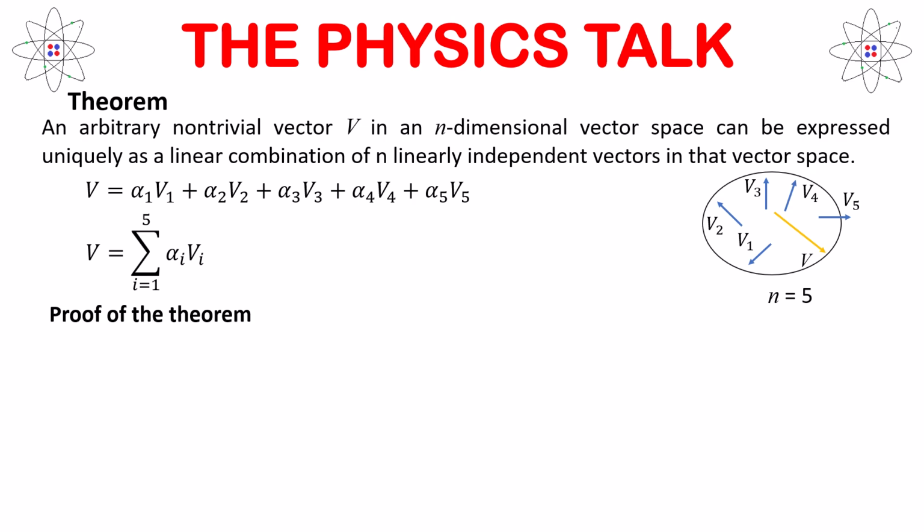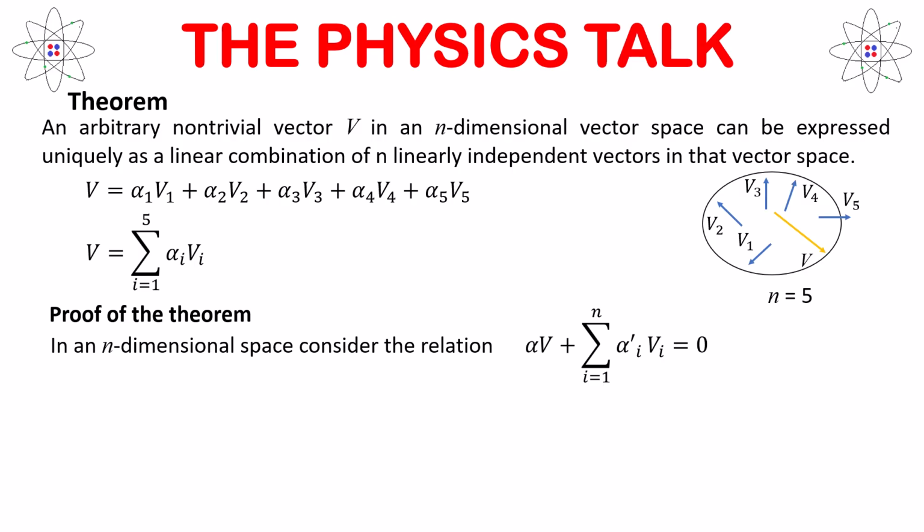In order to prove the theorem, let us consider a relation in an n-dimensional vector space. Here, vi's are the linearly independent vectors and alpha i primes are the corresponding scalars with which each of these vectors are multiplied.